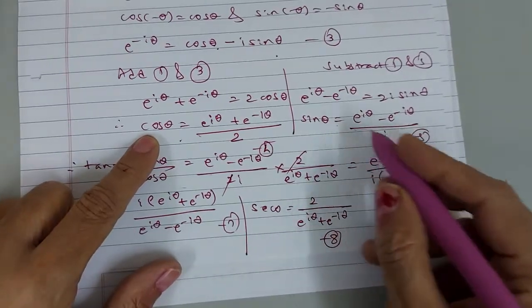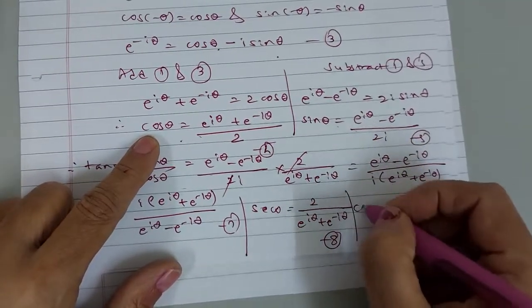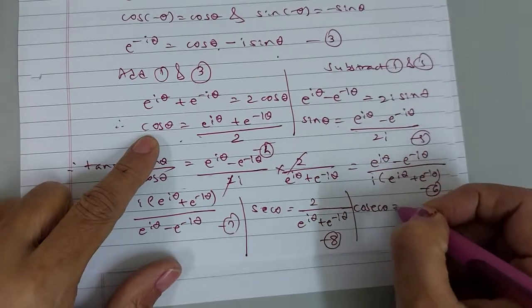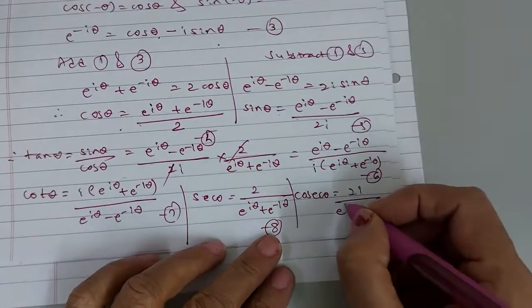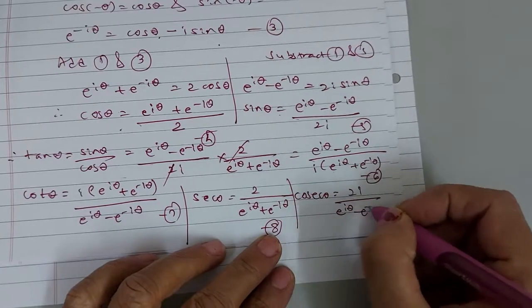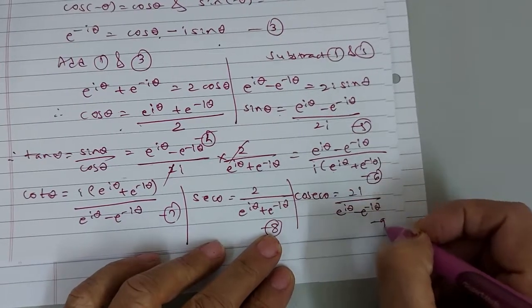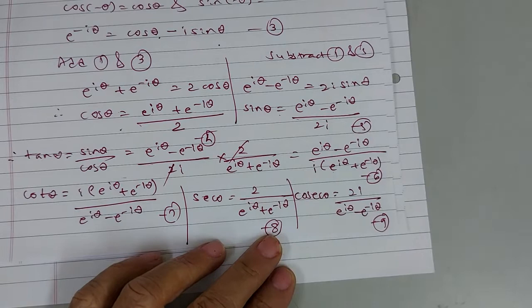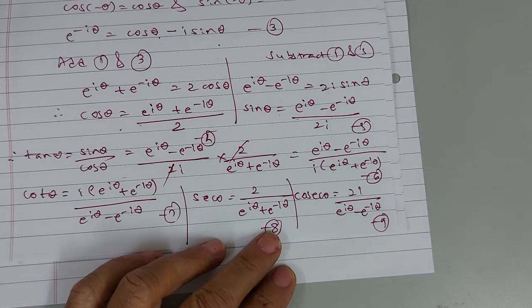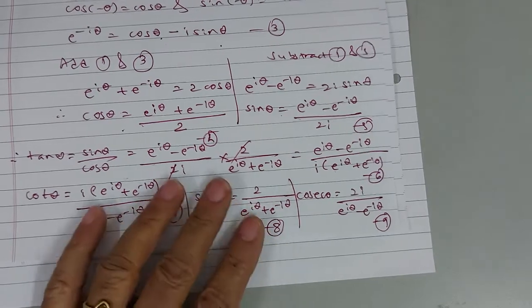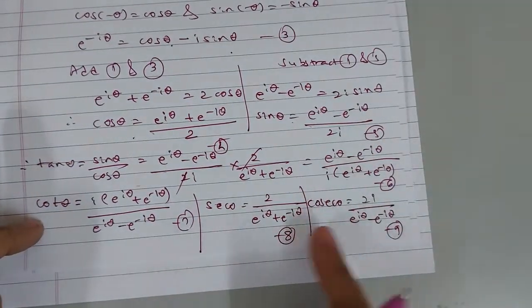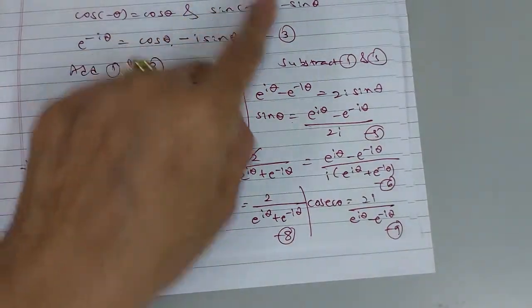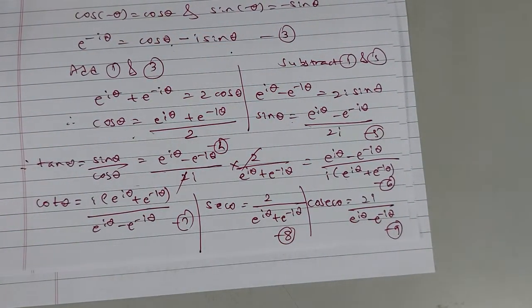And cosec will be 1 upon sine, so cosec theta is equal to 2i divided by e^(iθ) - e^(-iθ), equation number 9. So this way I got all the values of my trigonometric functions, sine, cos, tan, cot, sec and cosec. Starting from equation number 1, I reached equation number 9.